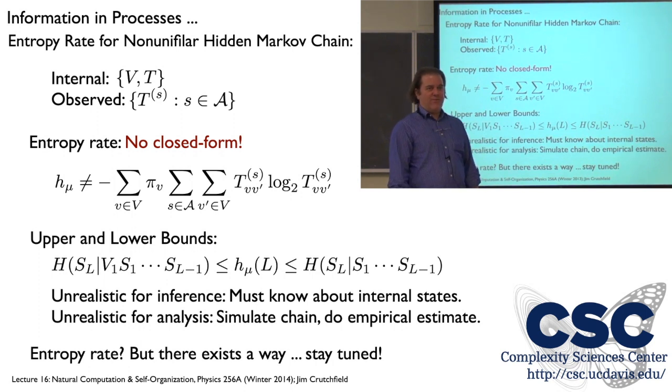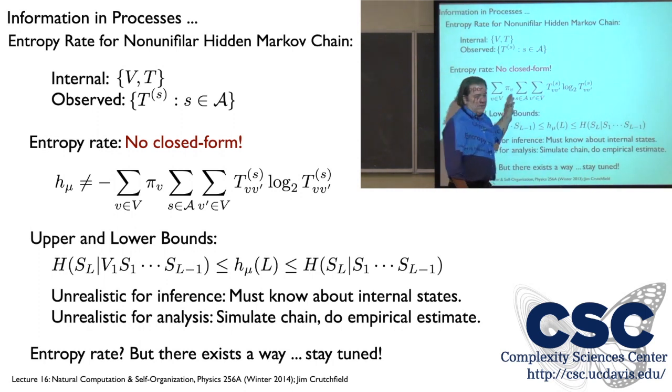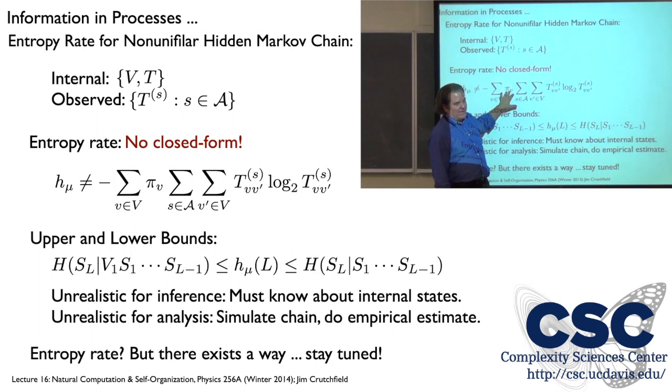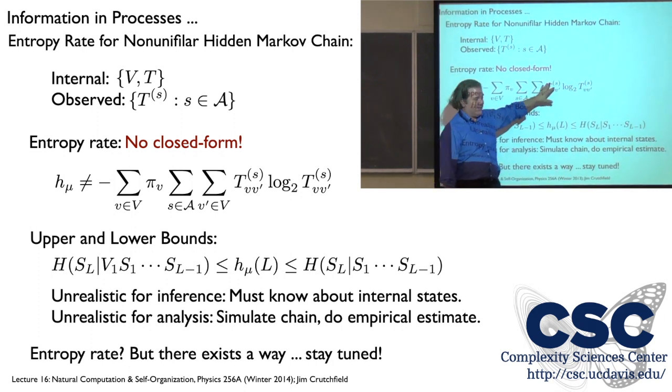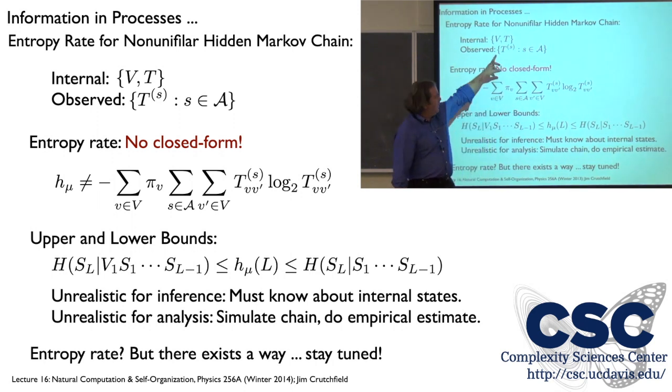Kind of odd or unfortunate. In particular, the formula before just doesn't work. The entropy rate of a non-unifilar source is just not given by that expression. You can do this: I have states, I can calculate their asymptotic state probabilities, I have the transition matrices, and you apply this formula to what you're given, but in the non-unifilar case, it doesn't give you the correct entropy rate.